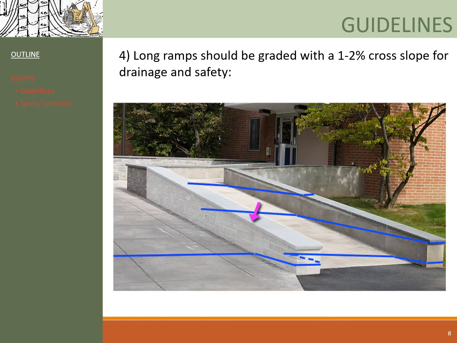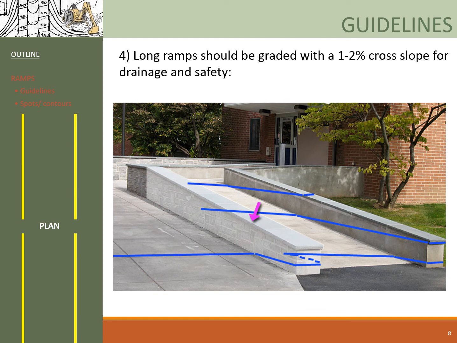The fourth guideline now, long ramps should be graded with a cross slope for drainage and safety. Ramps below 10 foot long usually don't have this requirement, okay? And this means that the contours across the ramp cannot be perfectly perpendicular to the edges of the ramp.